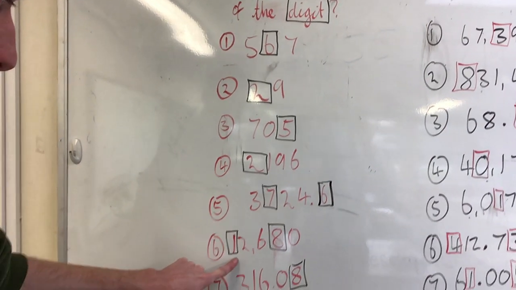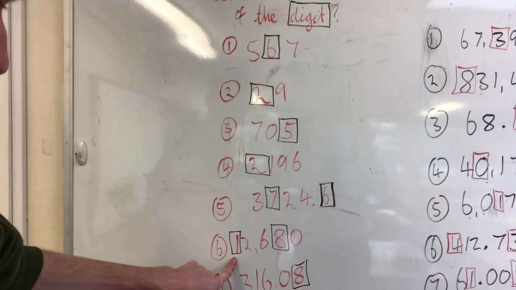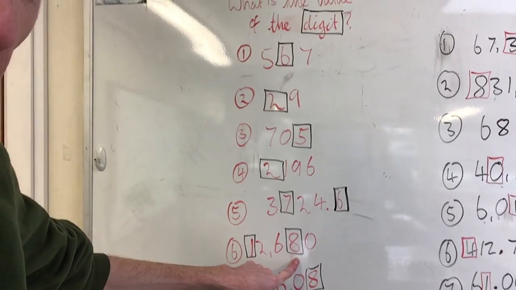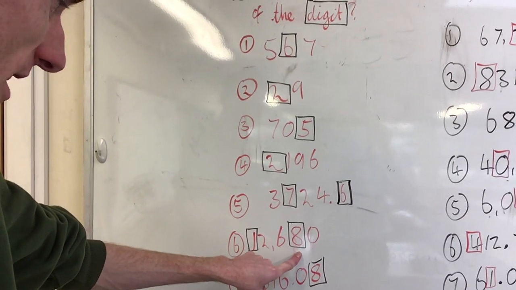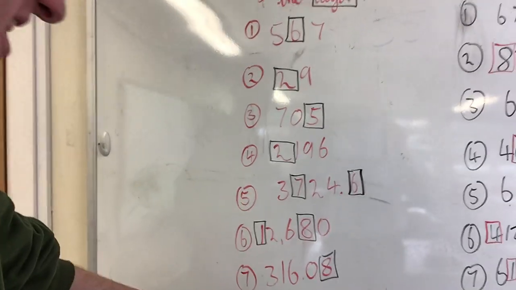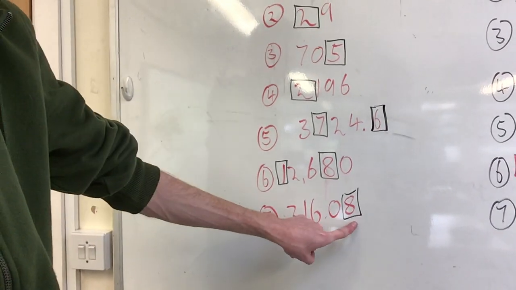Number 6, we've got 12,680. The value of the 1 digit there is in the 10,000s column, and the 8 there is in the tens column. So it's 8 tens. Number 7, 316.08, and we've got 8 hundredths.